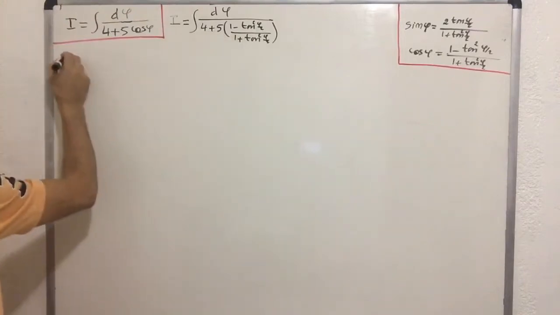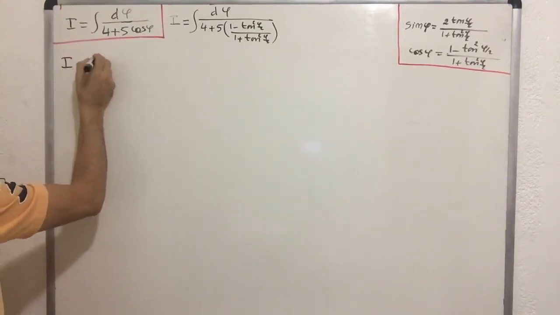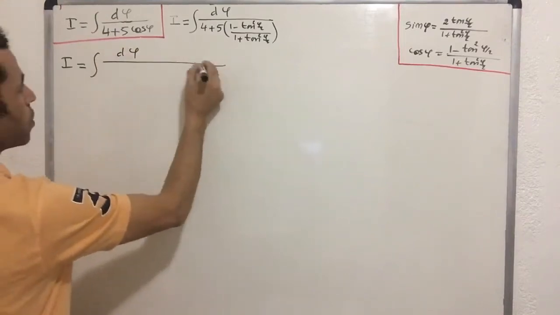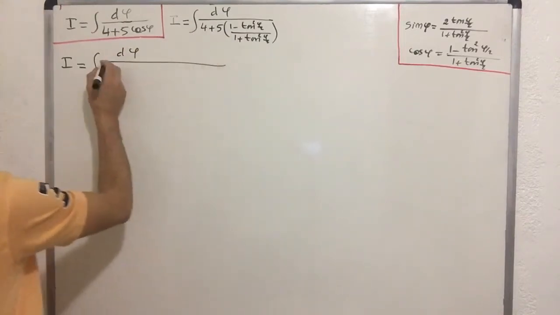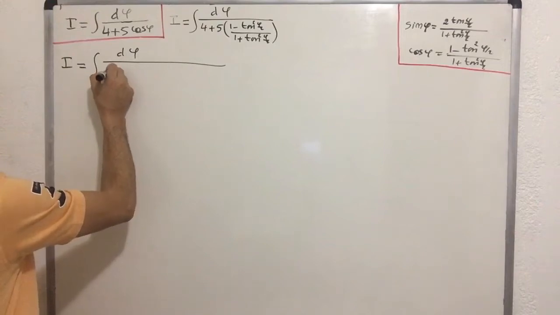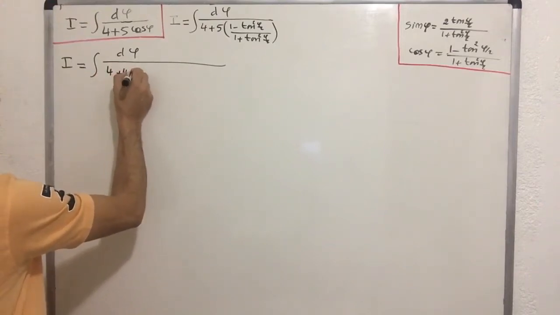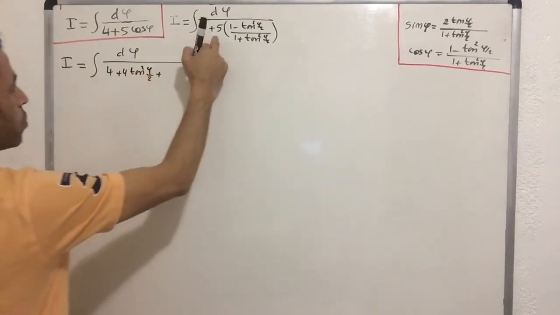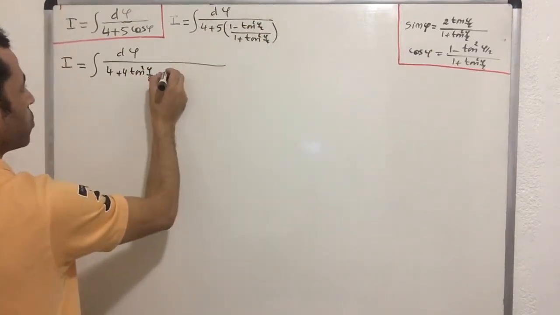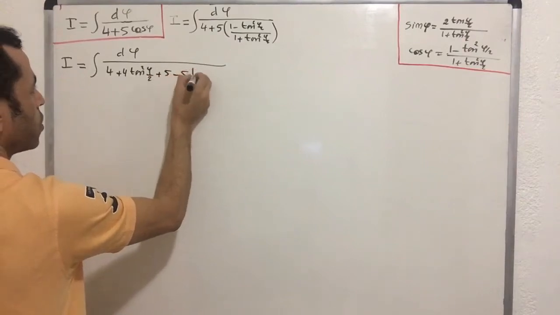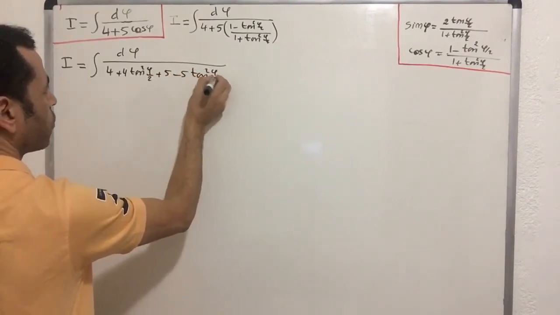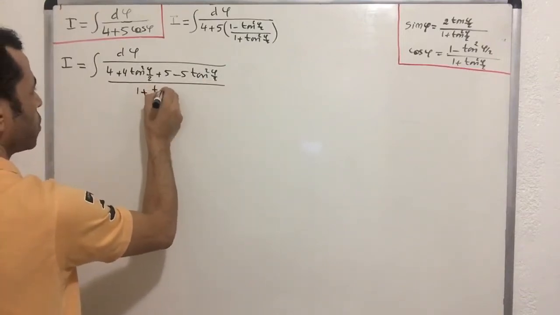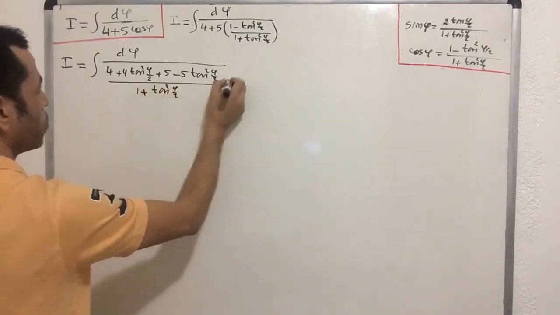So let's calculate this now. I equals d phi over 4 multiplied by 1 plus tangent squared, which is 4 plus 4 tangent squared phi over 2. Let's multiply by 5, this one. It gives you 5 minus 5 tangent squared phi over 2, over 1 plus tangent squared phi over 2.